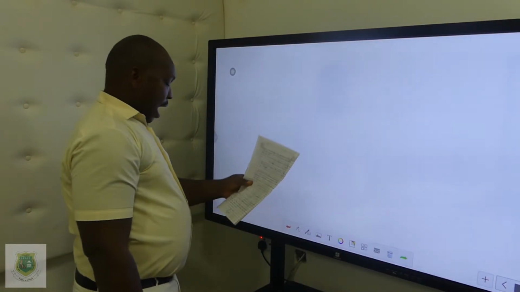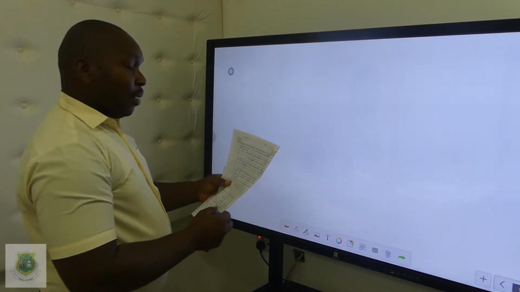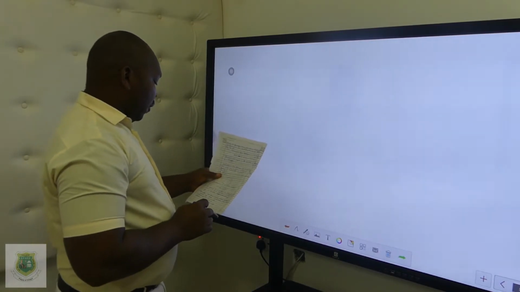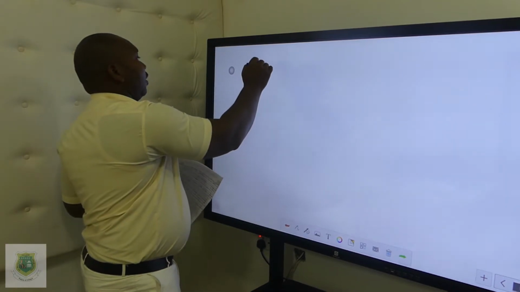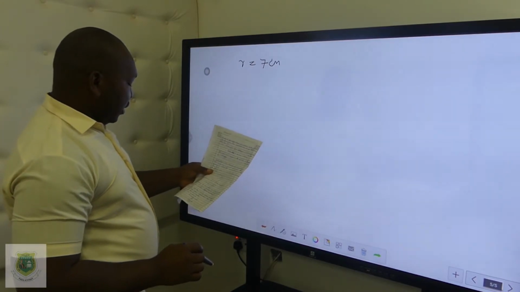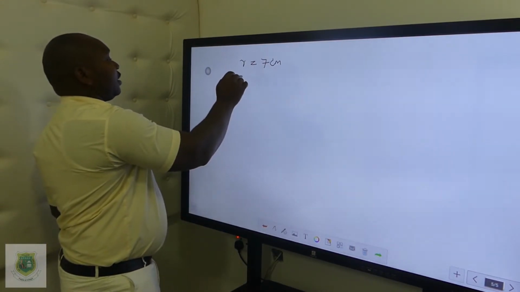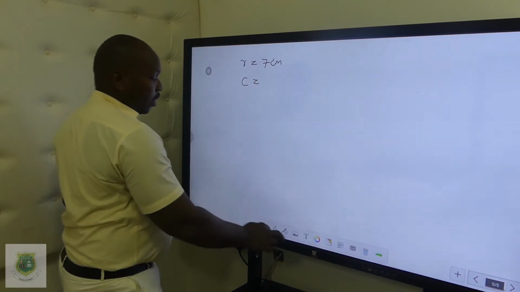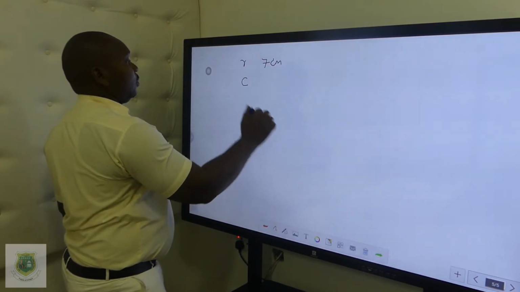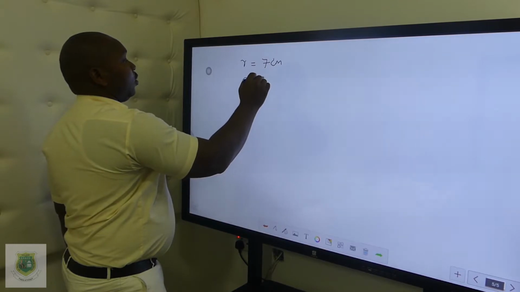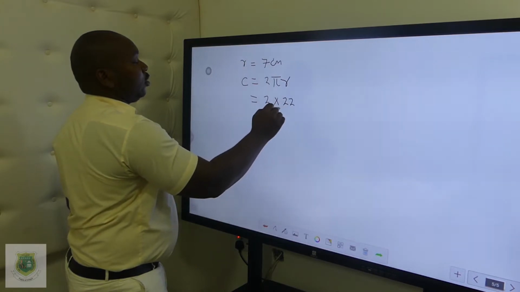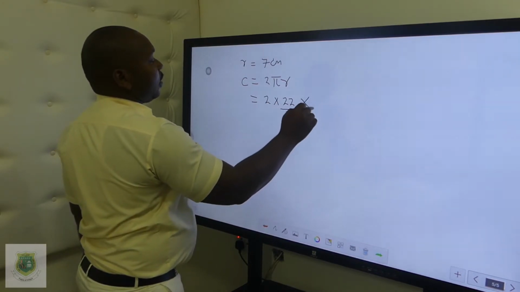Now let's see an example. The example says, if the circle above has a radius of 7 centimeters, calculate the circumference of the circle. Now the circumference is going to be 2 pi r, which is 2 times 22/7 times 7.